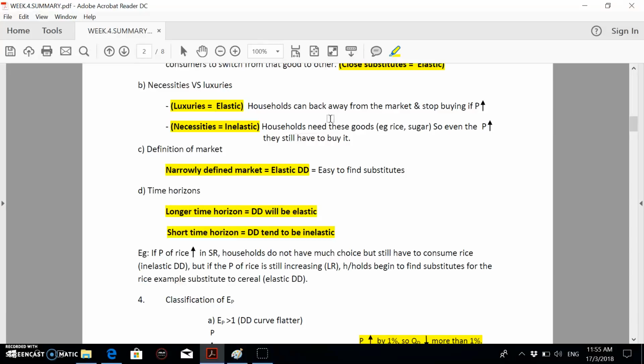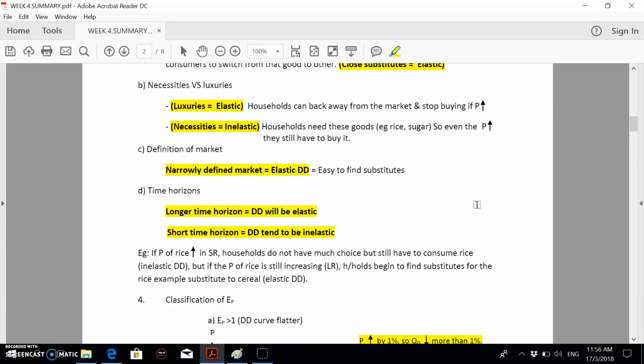So it's quite a luxury instead of a necessity, isn't it? For a product or service that we consider a luxury, you still have the option not to buy it. That's why we say luxury goods should have elastic demand instead of inelastic, because households can back away from the market and stop buying it if the price keeps on increasing.